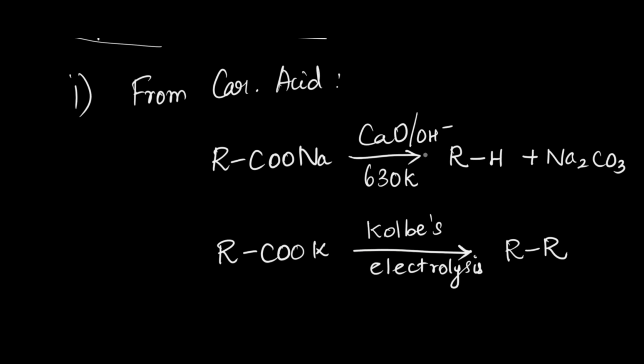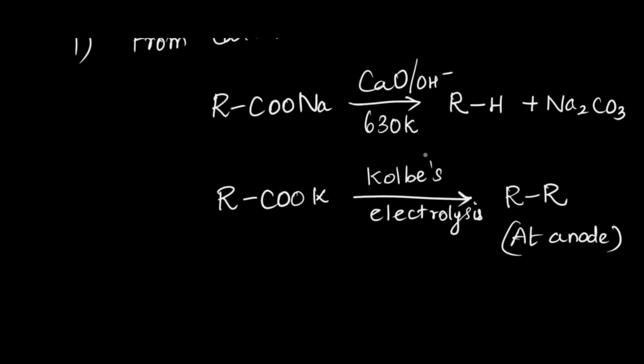Higher order alkanes can be prepared from this method, which is produced at the anode. That is very important. At the anode your end product, the desired product, has been produced. That is from carboxylic acid salts.